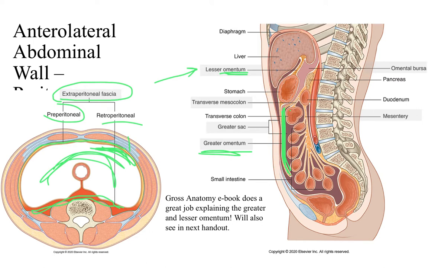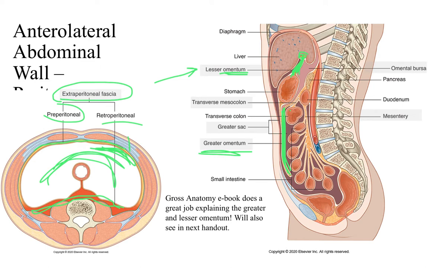All right, so going to the lesser omentum up here, it would be a small apron of fatty-like tissue that's part of the peritoneal membrane system that connects the liver to the stomach. All right, so you'd find it between the liver and the stomach, and it's a really small bit of tissue. And in the anatomage table, we'll be able to find that and identify it.